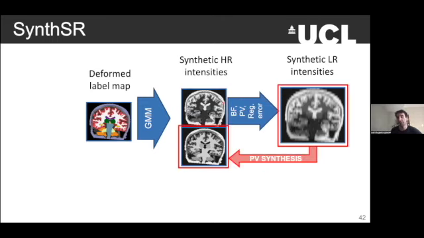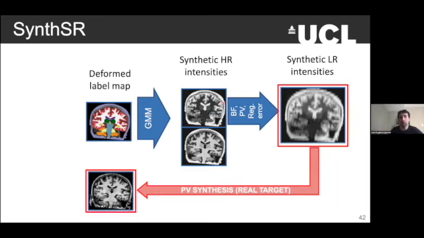You can do both simultaneously. Or what we are doing here, learning how to go from the synthetic low-resolution intensities to the original high-resolution MPRAGE that this segmentation was derived from. So I'm learning how to go from these simulated images, with whatever contrast I want, to 1 millimeter MPRAGEs that I can process with any existing software, since anything works on 1 millimeter MPRAGEs.